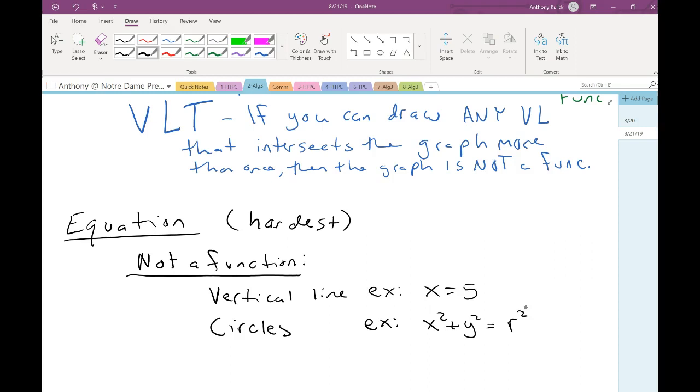Unless it's one of those two, I would expect you to say anything else is a function inside of this course. Now, obviously, there are lots of other things that I could write that are not functions. I would not do that to you. The only situations that I'd ask you to recognize that are not functions are vertical line situations and circle situations. Okay? There are more, but that's beyond the scope of what I'd expect you to be able to do in this class.